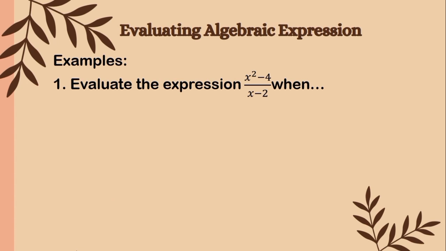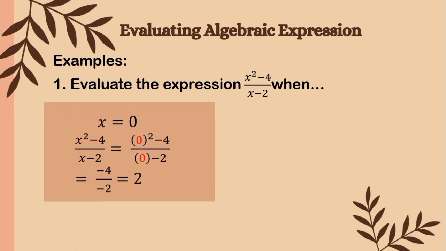Evaluate the expression x squared minus 4 all over x minus 2 when x equals 0. As you can see, we just replace or substitute the value for x, which is 0. So it will be like this. And then simplify, it will be equal to 2.